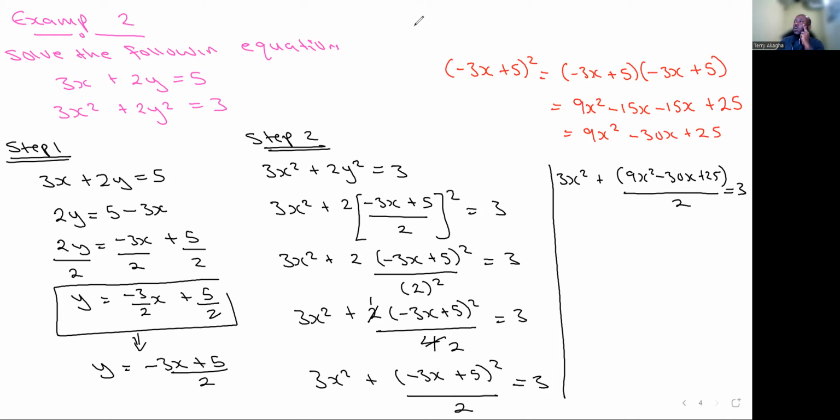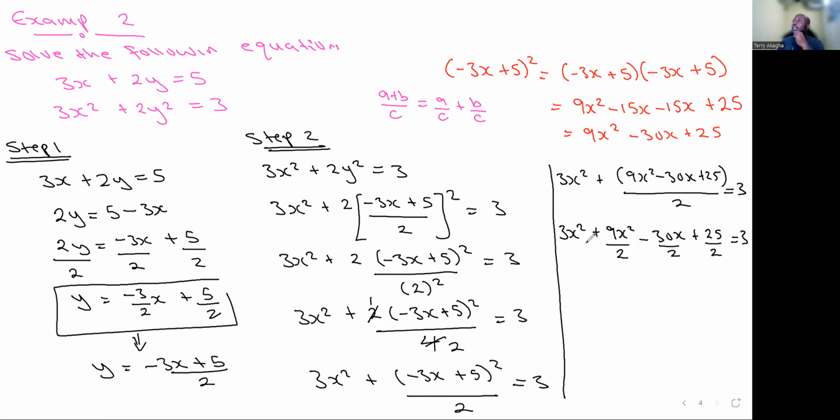Remember I told you also that A plus B over C is equal to A over C plus B over C. All right, I told you this in basic algebra. So we're gonna do this the same way. So we're gonna break this down. It's gonna give us 3x squared plus 9x squared over 2 minus 30x over 2 plus 25 over 2 is equal to 3. Are you seeing it?